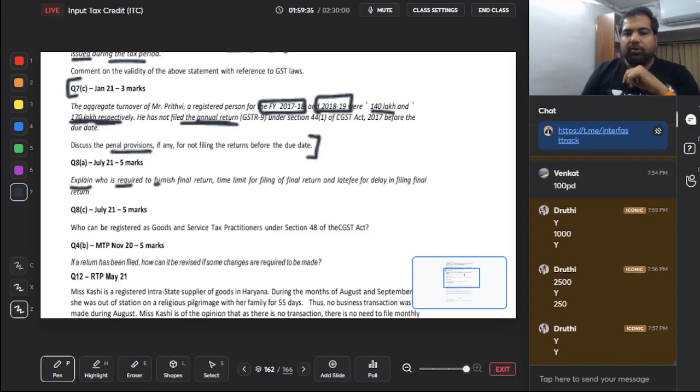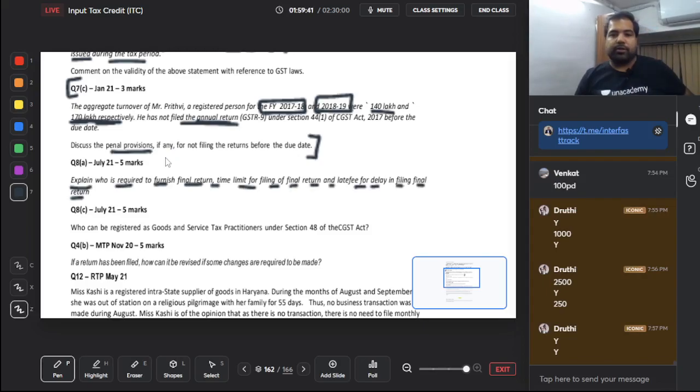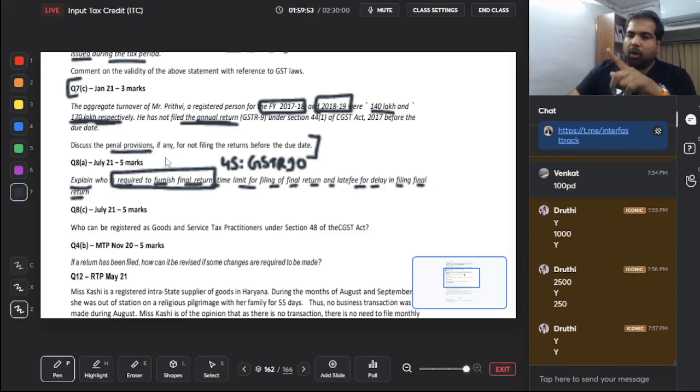Explain who is required to furnish the final return, the time limit of final return and the late fee for delay in final return. A good question here. Guys, who is required to furnish a final return? Under section 45, a GSTR 10 final return has to be filed by anyone whose registration is cancelled by the officer, or who has applied to cancel his registration on his own.